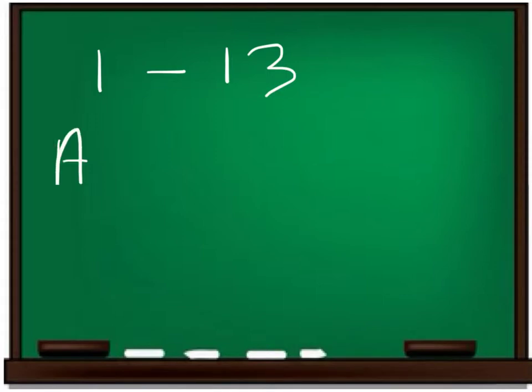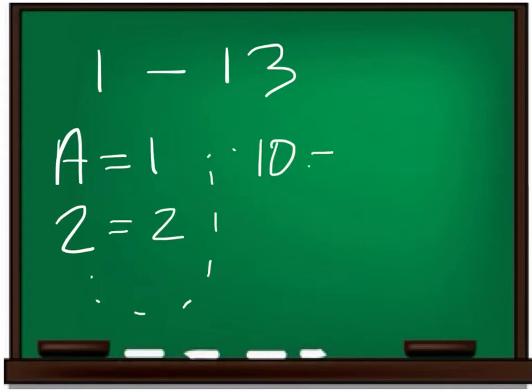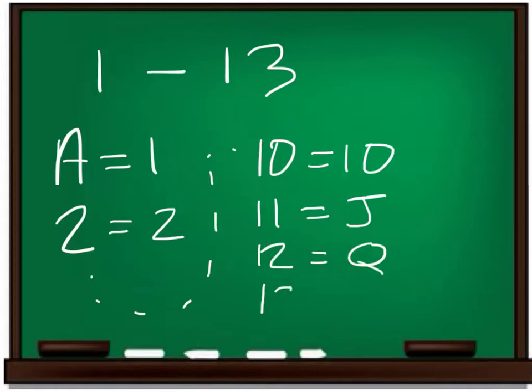So an ace would be 1. If a 1 comes up, you're going to have to display an ace. And of course, if 2 comes up all the way through 10, then that's what you would display. If an 11 comes up, it would be a jack. 12 is a queen, and 13 is a king.